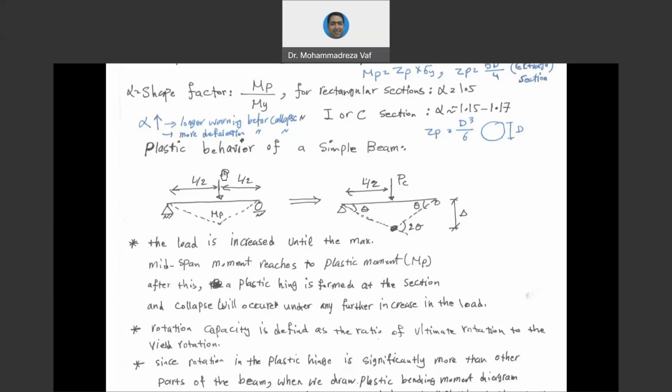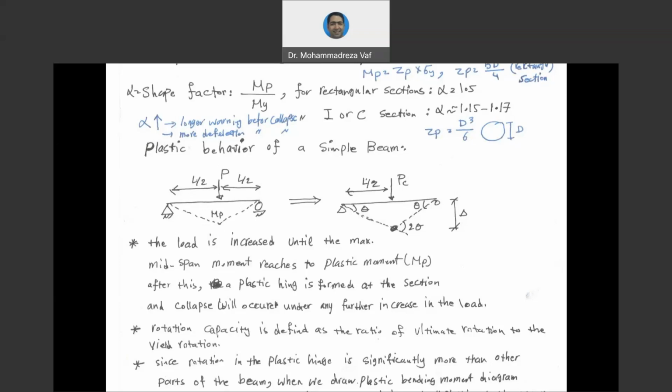The moment that P is small, the beam is going to deflect in the elastic range. However, when P is getting larger and larger, this is the time that the bending moment at this location under the load reaches Mp. As we said, Mp is the largest bending moment that the beam can carry.